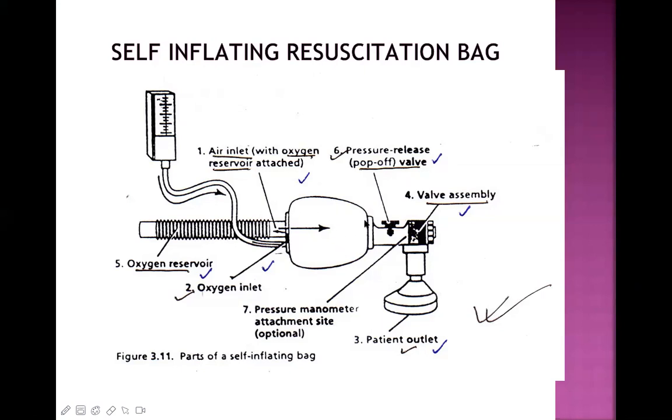This is the bag, the main part of the bag. This is called the reservoir, and here is the mask. This mask is attached to the baby, and here is a valve. If you apply too much pressure, or if you squeeze very hard on this bag, then this pop-off valve will open, and that pressure will not go towards the lung of the baby. So it is a safety measure regarding the resuscitation bag. So this is how ambu bagging is done in the newborn.